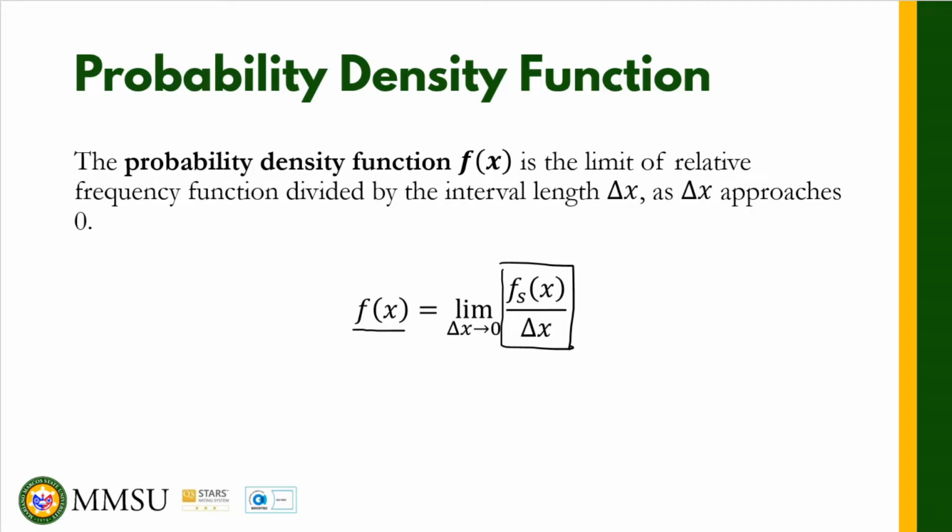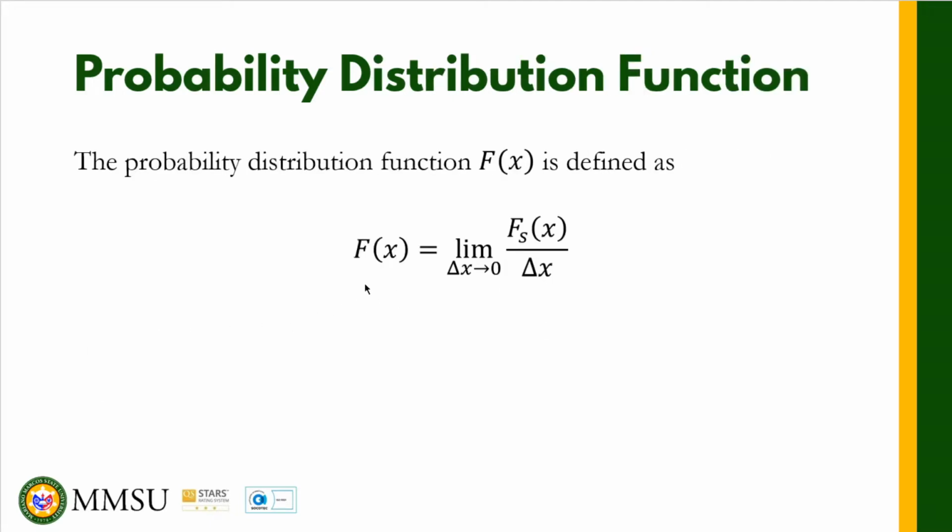The same is true for the probability distribution function. This is now just the same as the cumulative frequency function, but in this case we have a continuous function. It is the limit of the cumulative frequency function as delta x approaches 0.